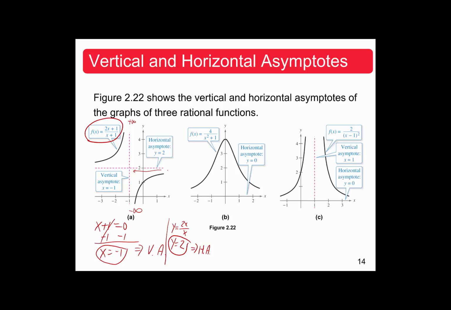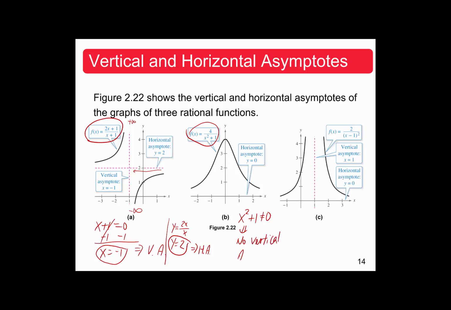Yeah, and similarly, if you just look at the second function, f of x equal to 4 over x squared plus 1, there's no vertical asymptote because x squared plus 1 will never be 0, right? It's always going to be greater than or equal to 1, so it's never going to be 0. So there's no vertical asymptote.